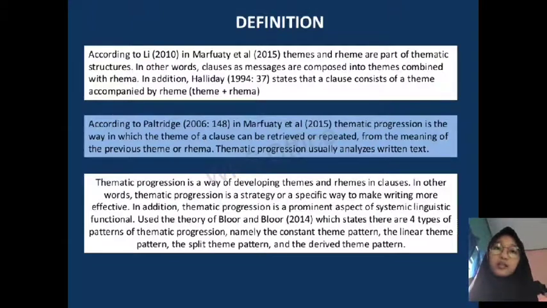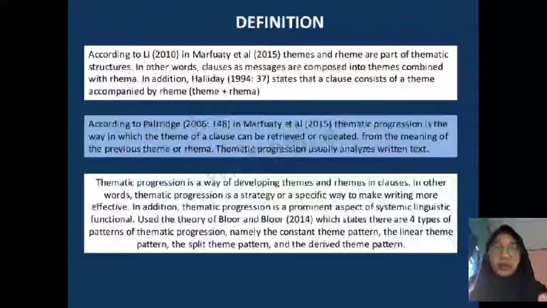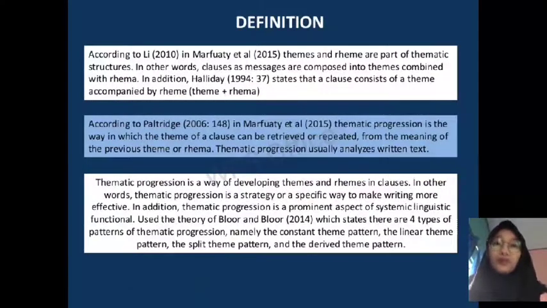In other words, clauses as messages are composed into themes combined with rhyme. In edition Holiday 1994, states that a clause consists of a theme accompanied by a rhyme, like a theme and rhyme.